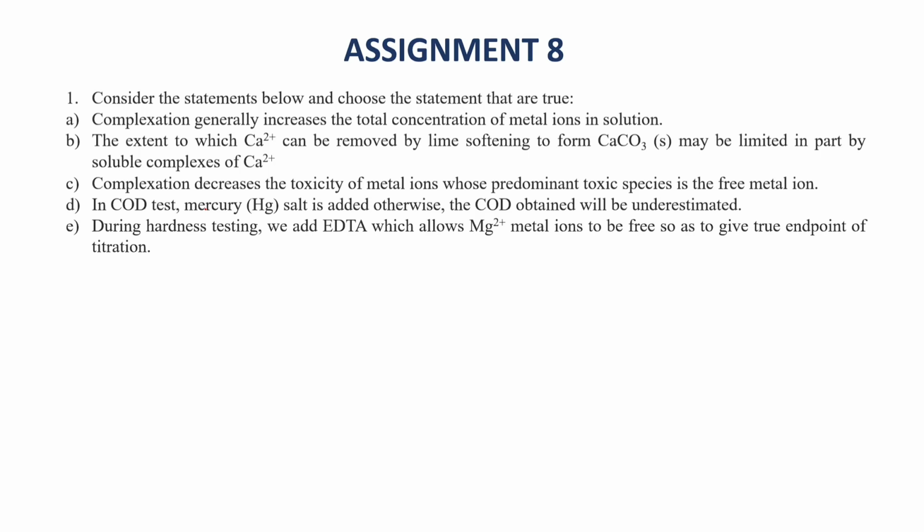So through complexation, the total concentration of metal ions in the solution will increase. But if the statement said complexation generally increases the concentration of free metal ion in the solution, then that would be wrong. But since it is total metal concentration, that is the summation of all the metal complexes in the system, this is true.